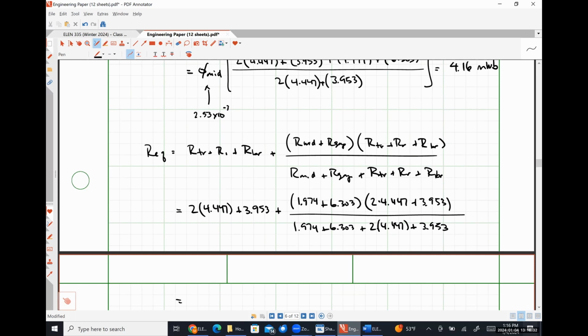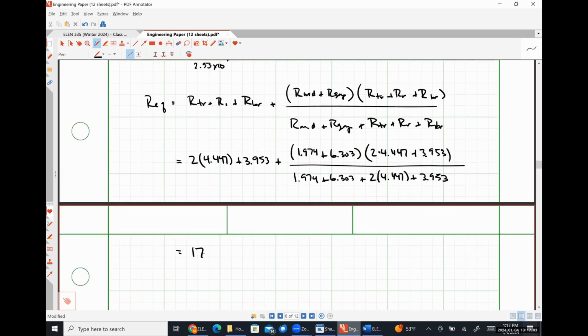That comes to 17.881 times 10 to the 4 amp turns per Weber.